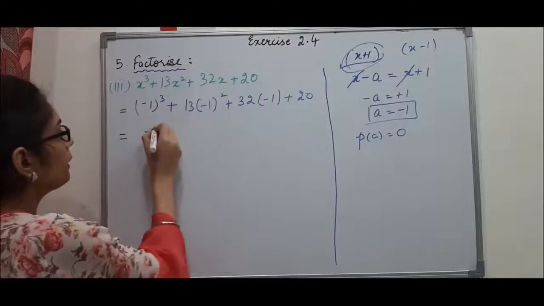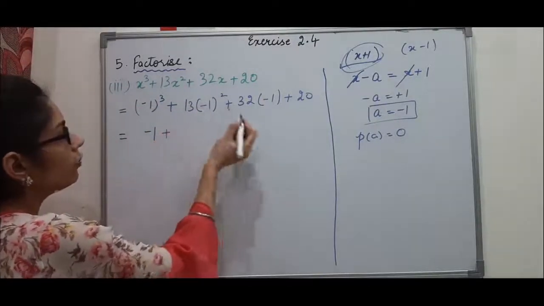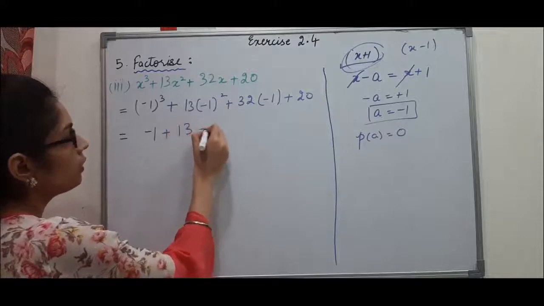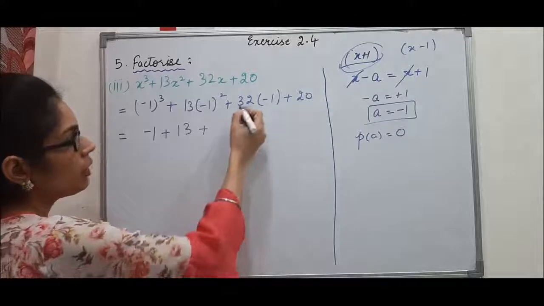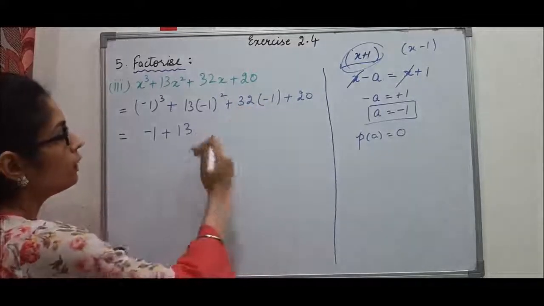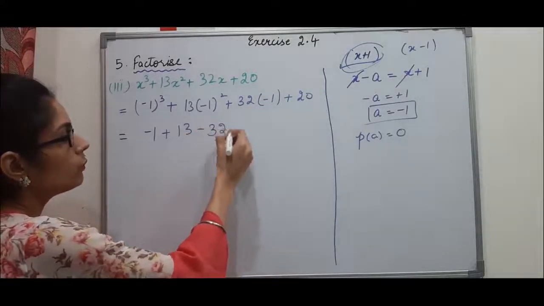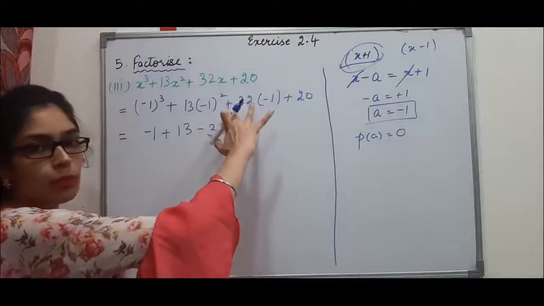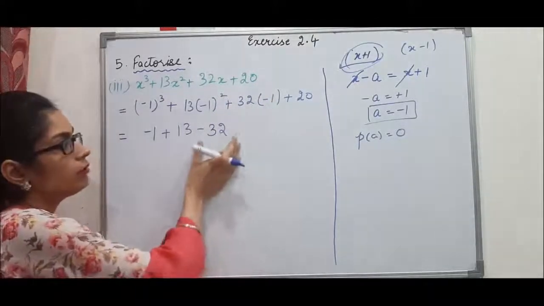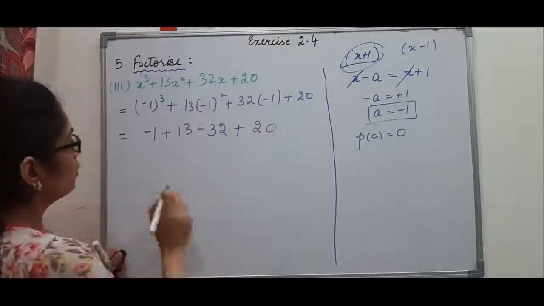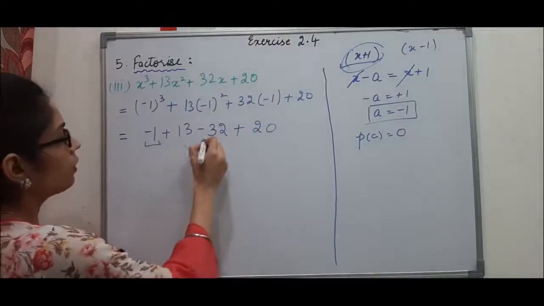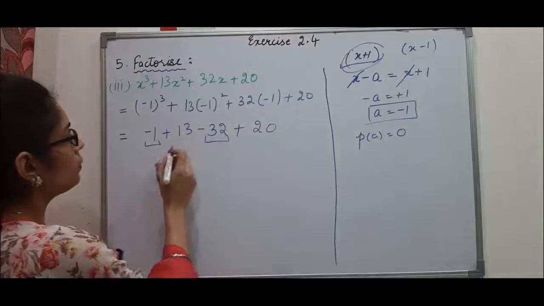Minus 1 cube is minus 1, the square of minus 1 is 1, because I have already explained this in question number one. 32 into minus 1 will be minus 32, because multiplication of a positive number with a negative number always gives a negative number, plus 20. So let's make a pair of negative numbers and positive numbers.